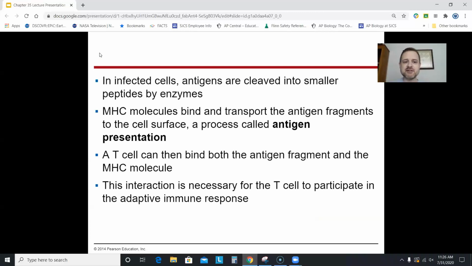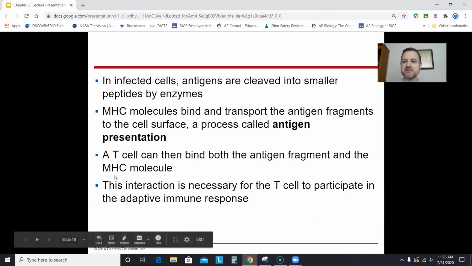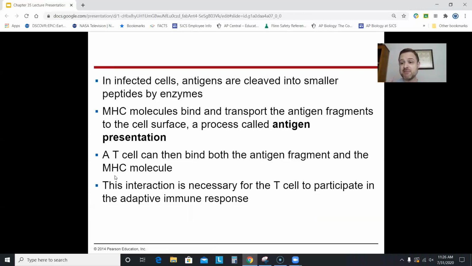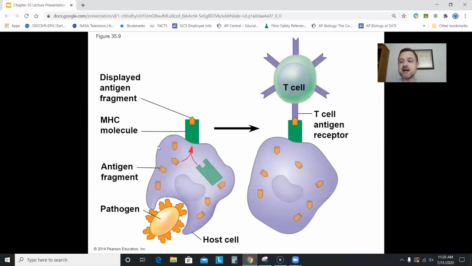Infected cells break down the antigen into fragments. What's necessary is that you have the interaction between the T cell and the antigen fragment on the MHC molecule. This diagram is showing it. You need the MHC molecule and the antigen being presented to a T cell to activate the T cell.